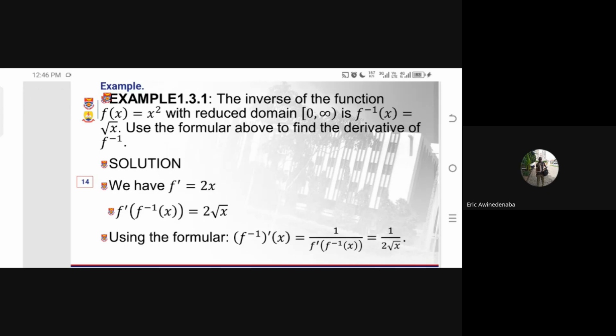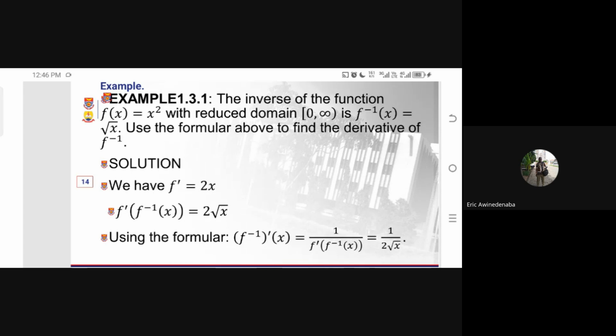It says that the inverse of the function f of x is equal to x squared with reduced domain 0 to infinity is f inverse of x is equal to root of x. I want us to quickly check whether the function and its inverse will give us x. Let's solve it, even though it has not been asked in the slides.